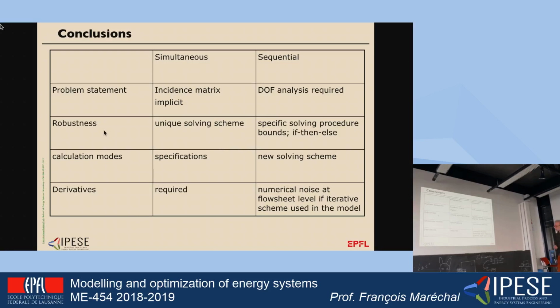And the last dimension is when you have to solve an optimization problem using this model, you know that you will need derivatives. And if you are using a sequential approach in which there are iterations, then you will have to be really smart, because the values that you will get for calculating derivatives by perturbations will depend on the values that you have selected for deciding if you have converged or not.